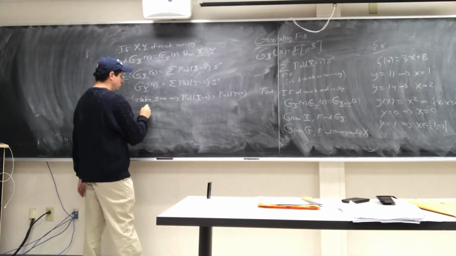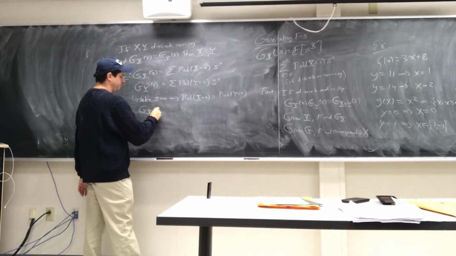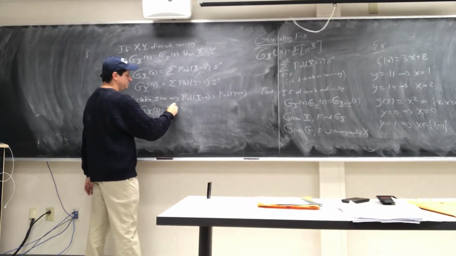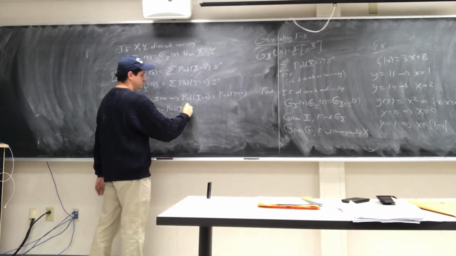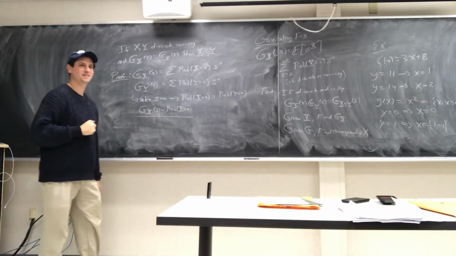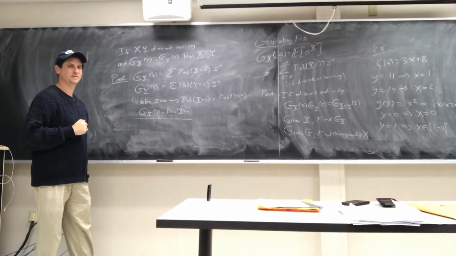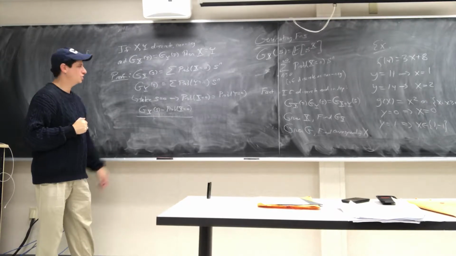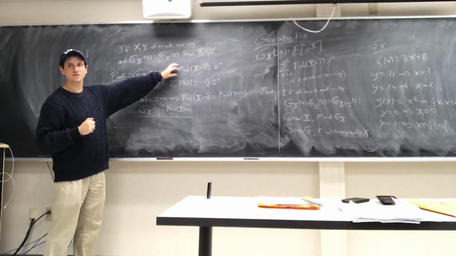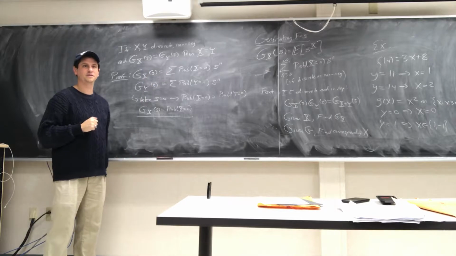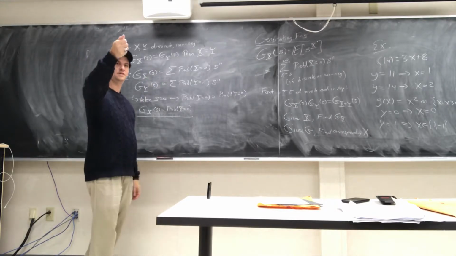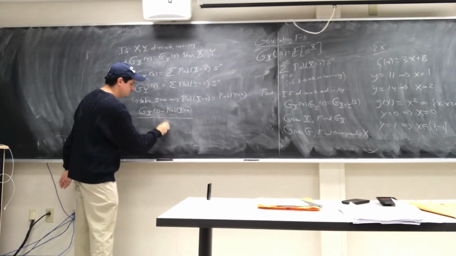Now, study G_X(s) minus the probability X equals 0, and what should I divide that by? So I subtract off the constant term. What should I divide it by? One power of s.